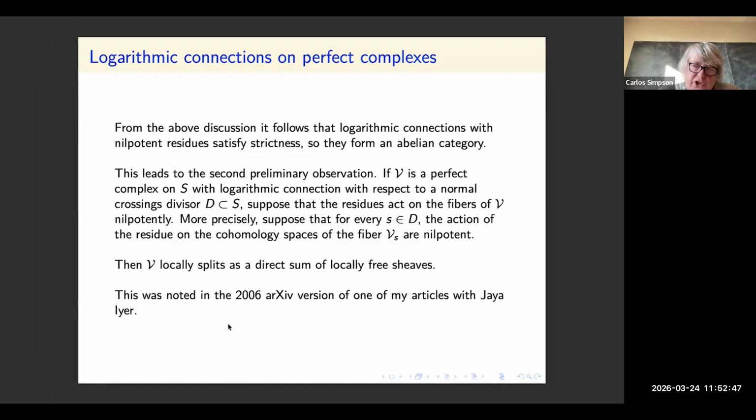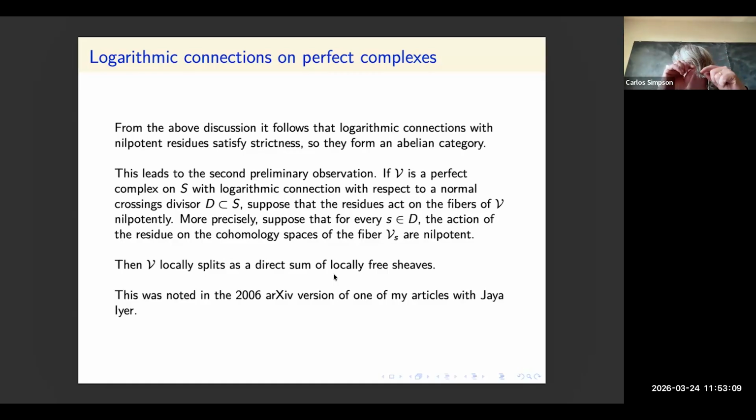Then you can show that the perfect complex splits as a direct sum of locally free sheaves. The basic reason for that is that you can have perfect complexes that definitely don't split as direct sums of vector bundles, as complexes, but I mean as a perfect complex.